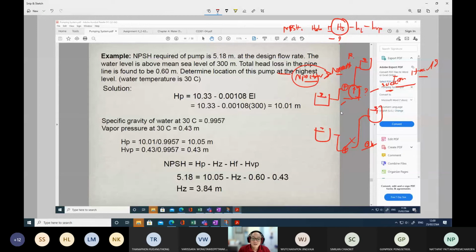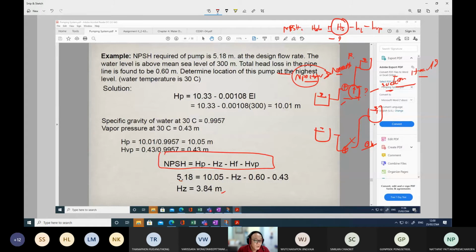Okay, so this is the equation. Just substitute each parameter into this equation and find out. You can simply do it this way. Our NPSH available should be greater than 5.18, so we put it here.